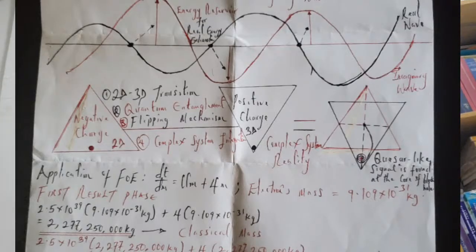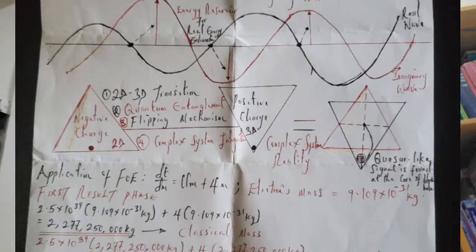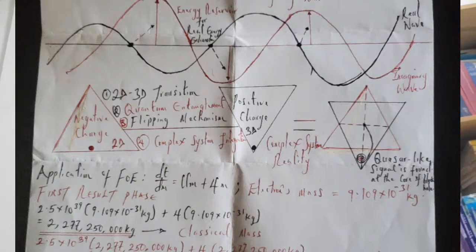So we have conservation, we have symmetry. So now, the fourth one is complex system integration.